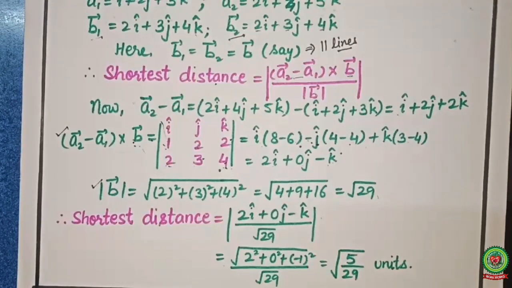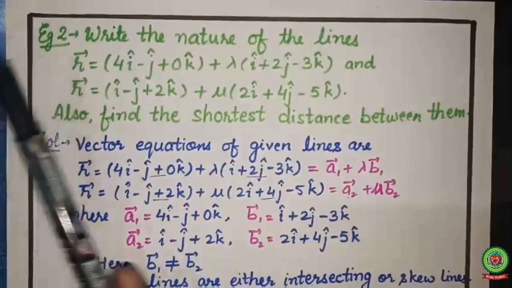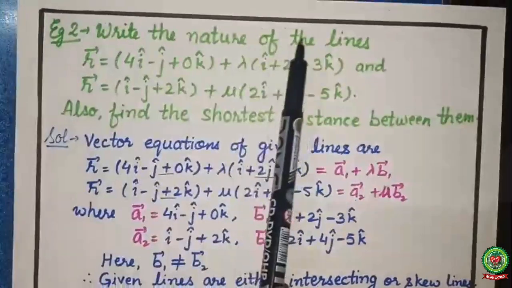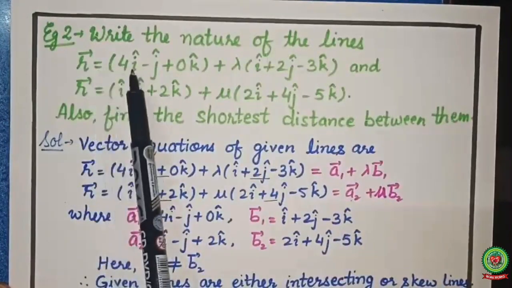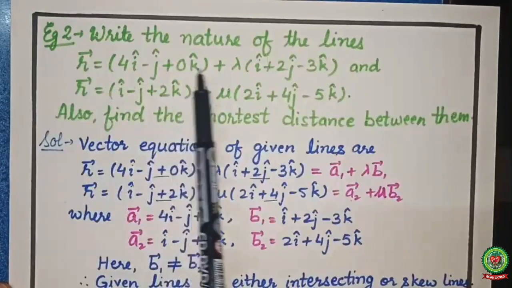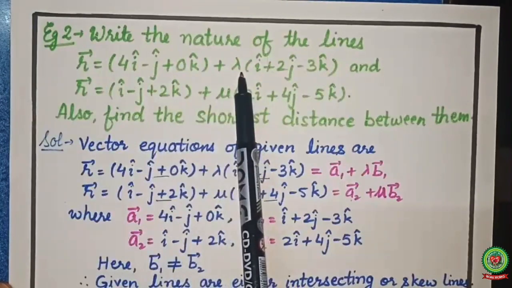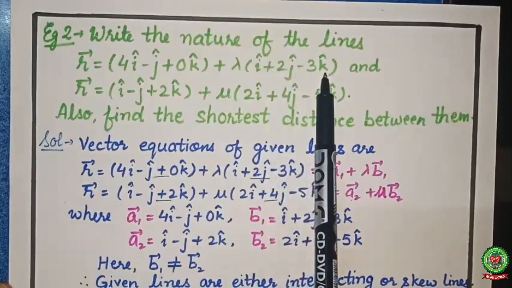Now let's discuss one example based on the shortest distance between skew lines. Example number 2, write the nature of the lines. First line is r vector equal to 4i cap minus j cap plus 0k cap plus lambda into (i cap plus 2j cap minus 3k cap).